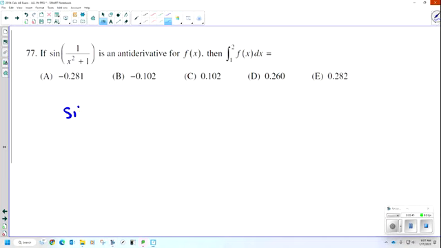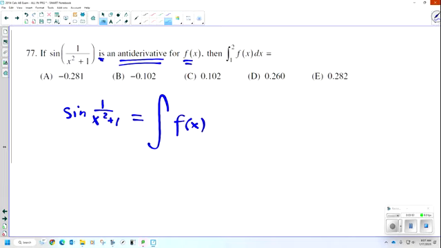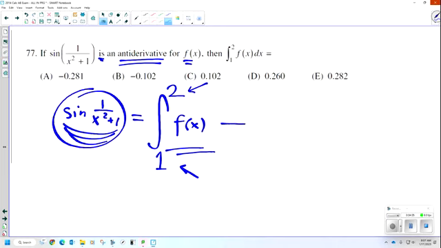If the sine of 1 over x squared plus 1 is the antiderivative of f of x, okay, well then find out this from the bounds 2 to 1. So if I get this as a result of my integration, I just need to plug my bounds into this equation. From 2 to 1. That's all I'm doing here.